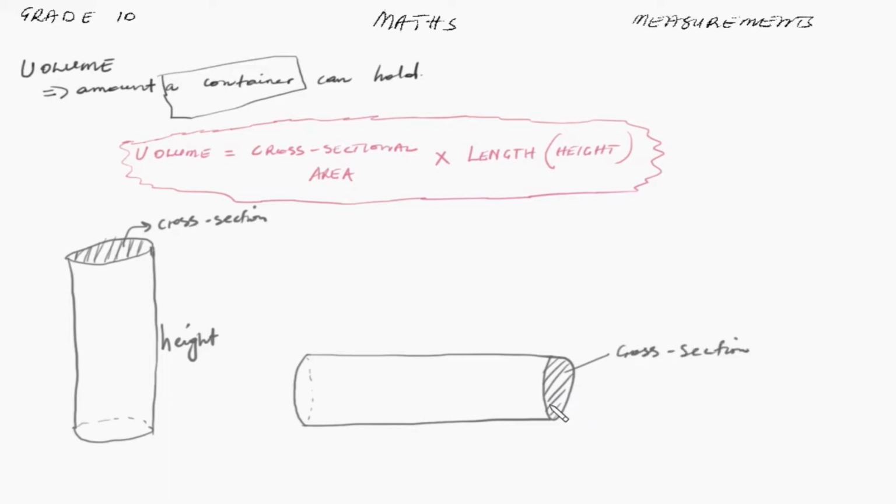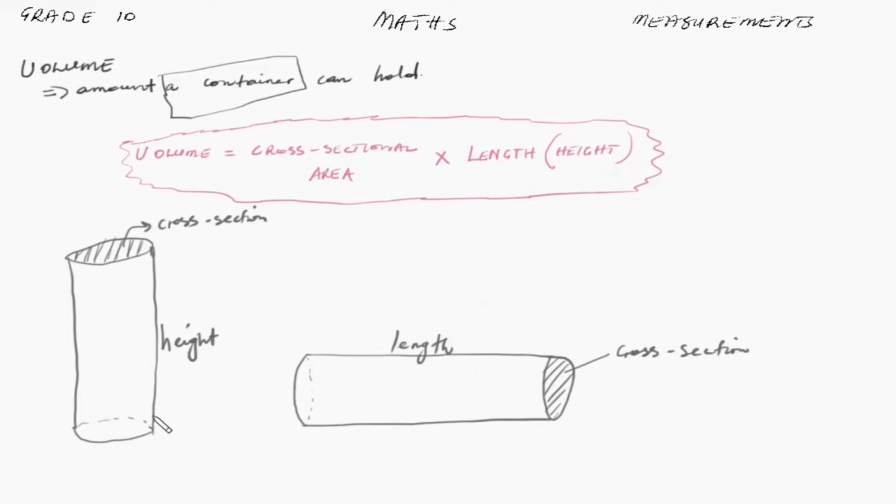It would still be our cross section. But this now is no longer the height, but the length. That is why in the formula we said length or height. It will be the length when the cylinder is toppled, and it is going to be the height if the cylinder is upright.